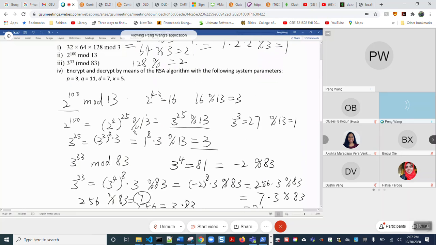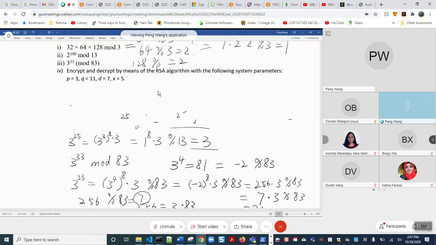Okay, now let's move to the next one. Next one we need to do the encryption and decryption using the RSA algorithm.